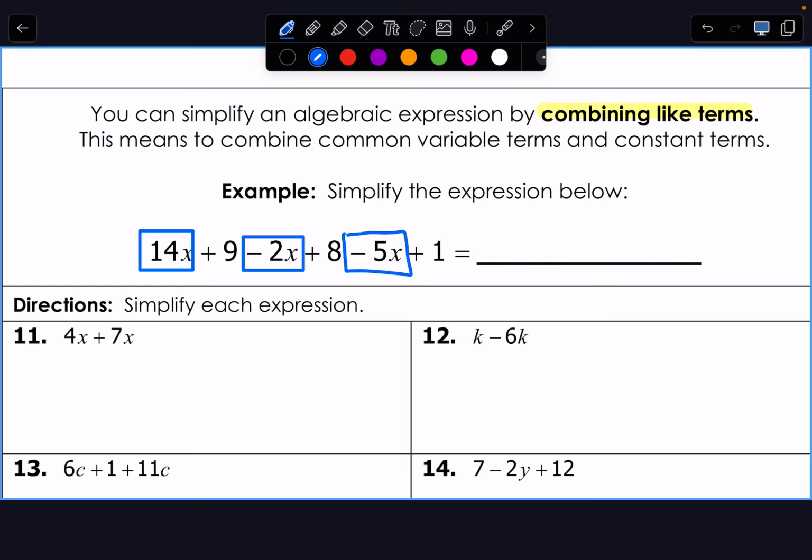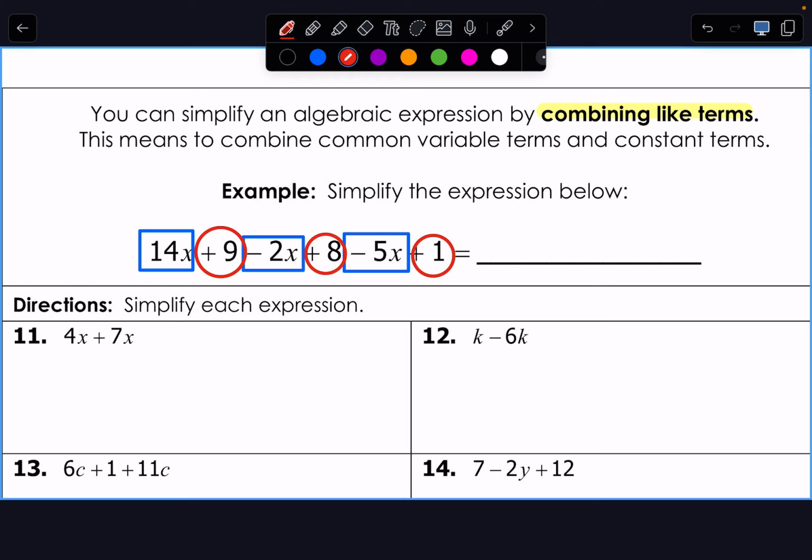The minus 5x. Then I'm going to put circles around our constants. I know that this is a 9, but I would like you to circle the plus with it. I would like you to circle the +8, and the +1, because that's going to be important for you to know what operation you're doing.